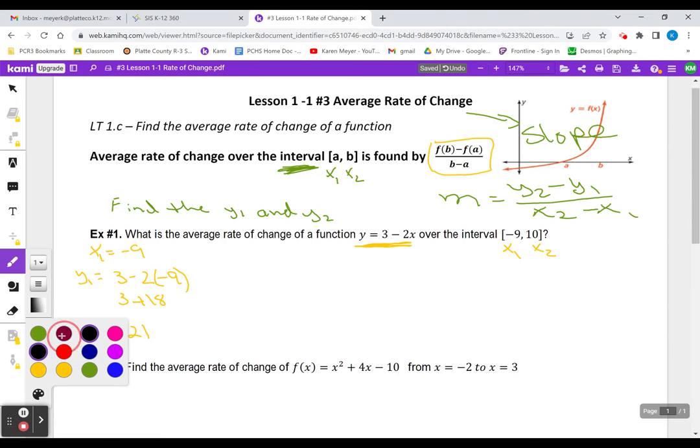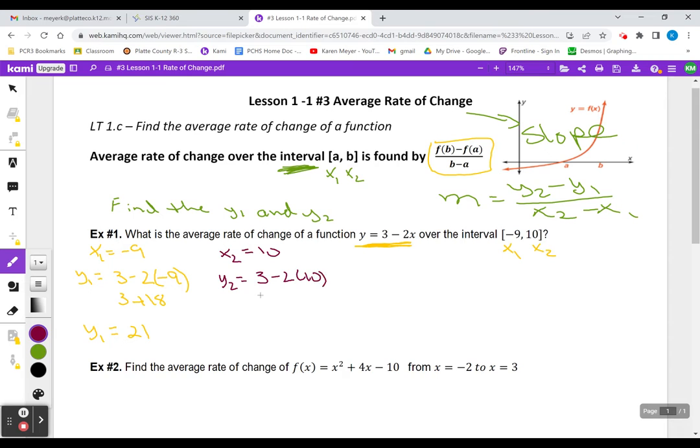Now you're going to do the same thing for your next x number. So x2, which is 10. So to find y2, now go plug 10 in. So 3 minus 2 times 10, which gives me 3 minus 20. And 3 minus 20 is negative 17. Now that you know both y's, then go back to your slope formula.